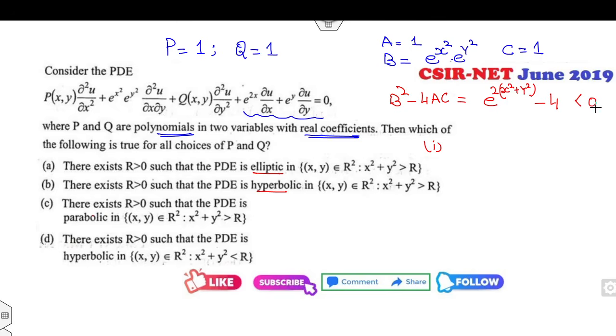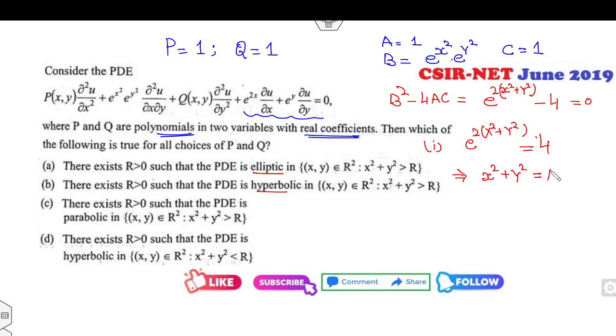Or otherwise, I can simply start with it equal to 0. What will happen? That means e raised to power twice of x square plus y square is equal to 4. So that means x square plus y square is ln 4 divided by 2.